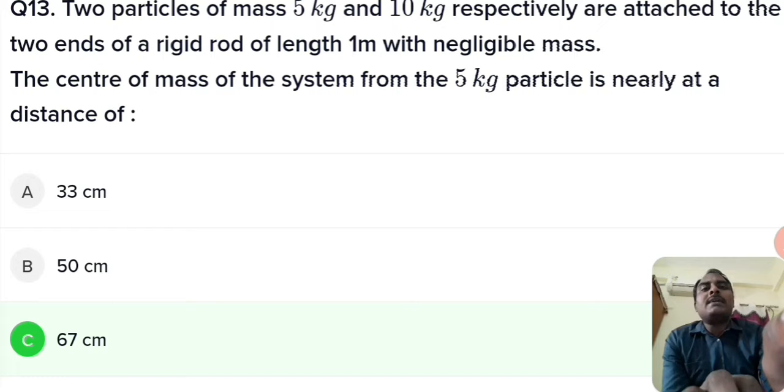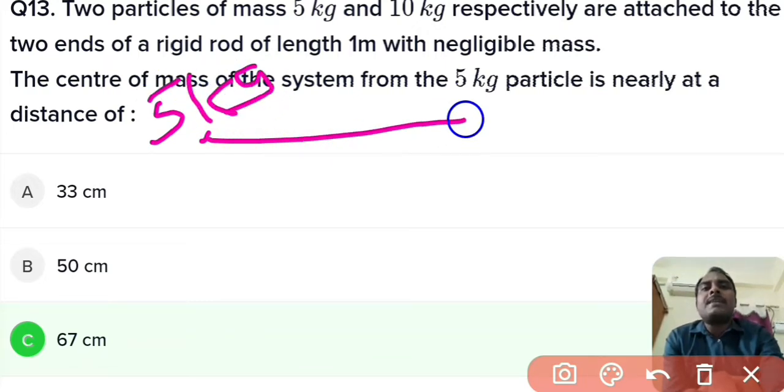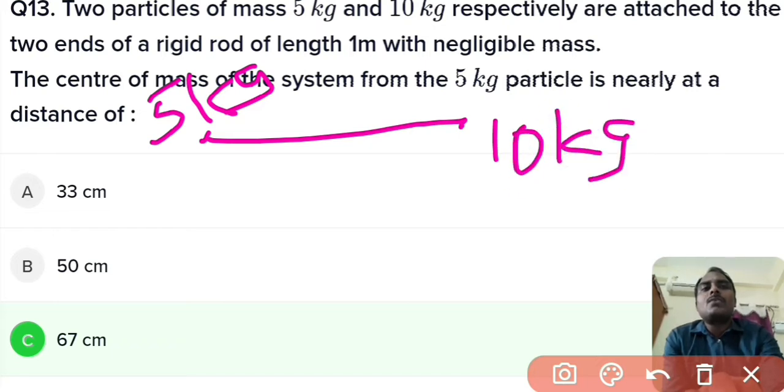So there are two particles. Here we can take one particle, this mass you take as 5 kg, and there is another particle here, 10 kg. The distance between them they have given as 1 meter. Then you take this as the x-axis.